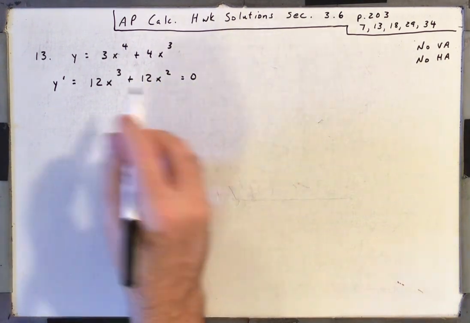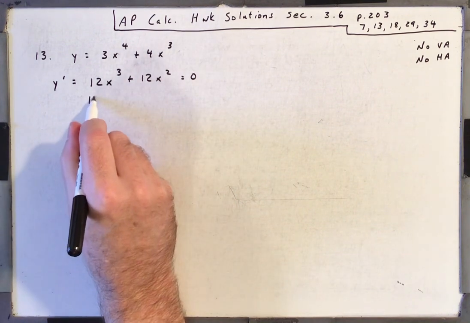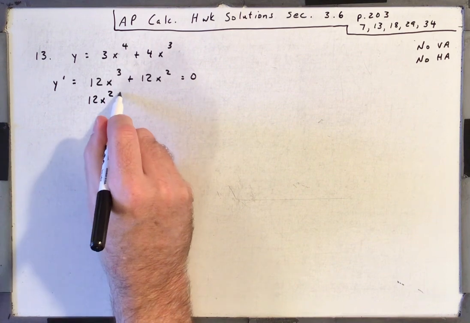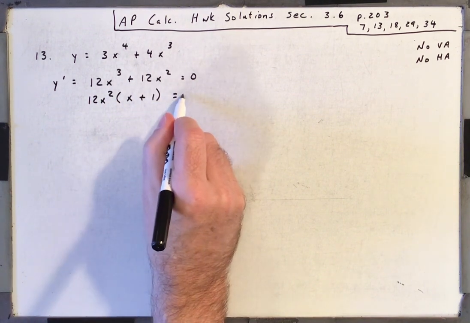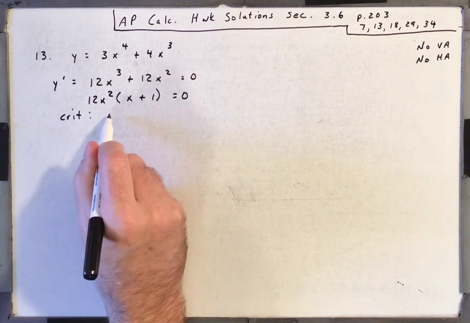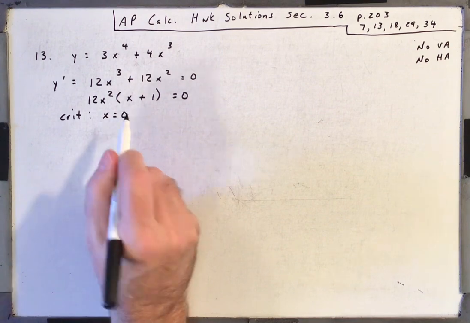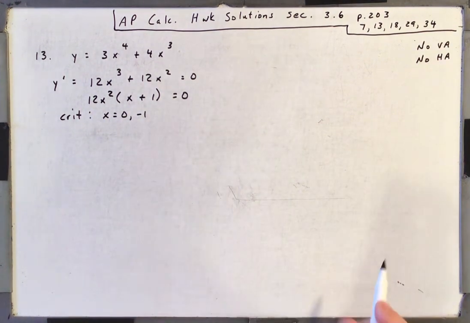Set that equal to 0. So I am going to factor out a 12x squared, and I would have x plus 1. So my critical points occur at x equals 0, if you plug in a 0, and negative 1.